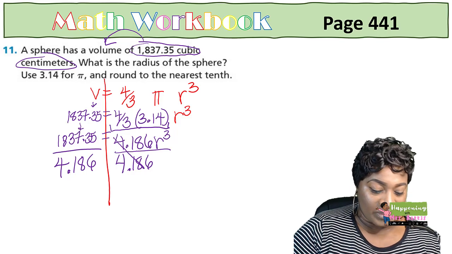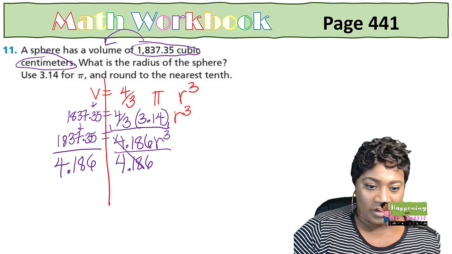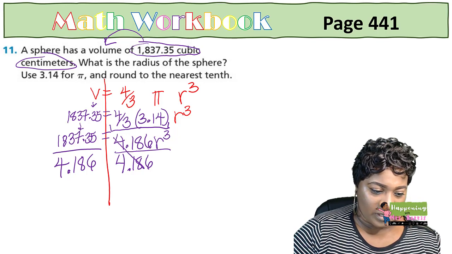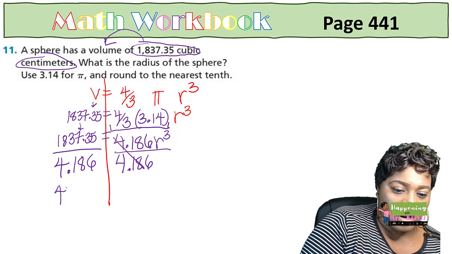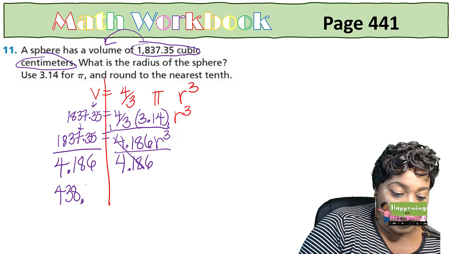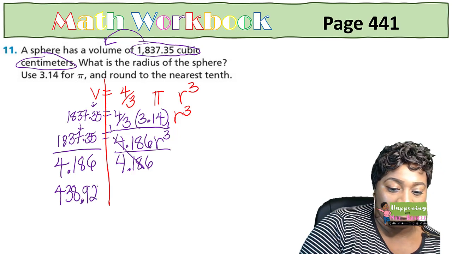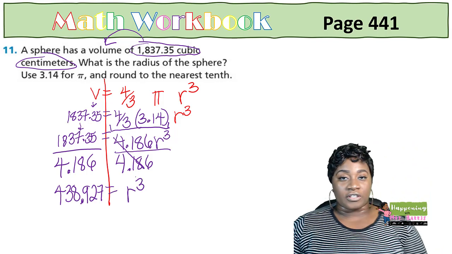So I'm going to key in 1,837.35 and divide that by 4.186. And I ended up with 438. And I'm going to write the first 3 decimal places: 0.927 equals, and then we're going to bring down the r to the 3rd power.